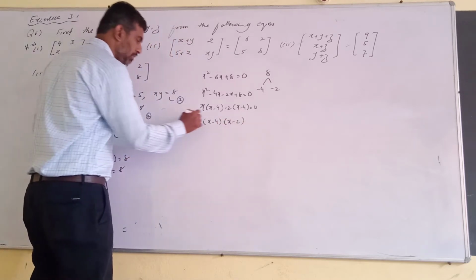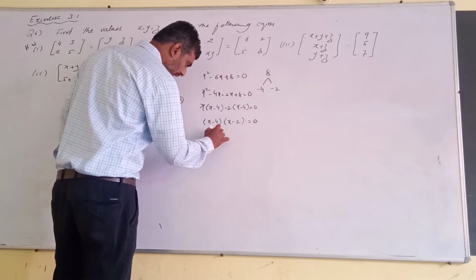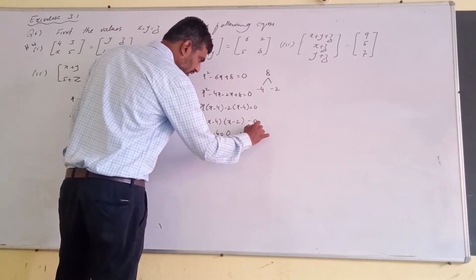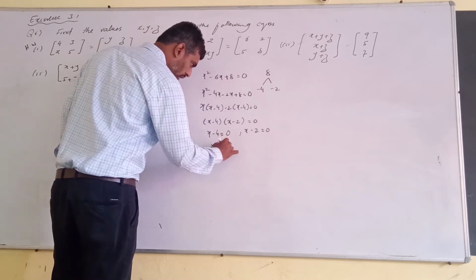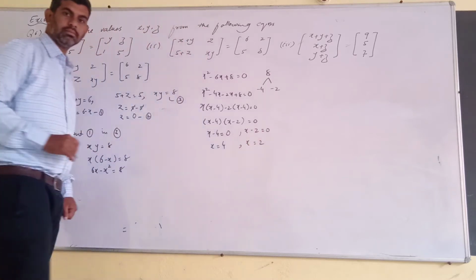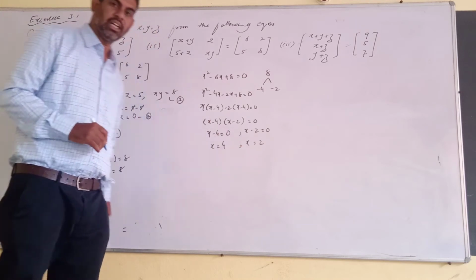What will remain? x minus 2. So x minus 4 is equal to 0 and x minus 2 is equal to 0. So x is equal to 4, and x is equal to 2.